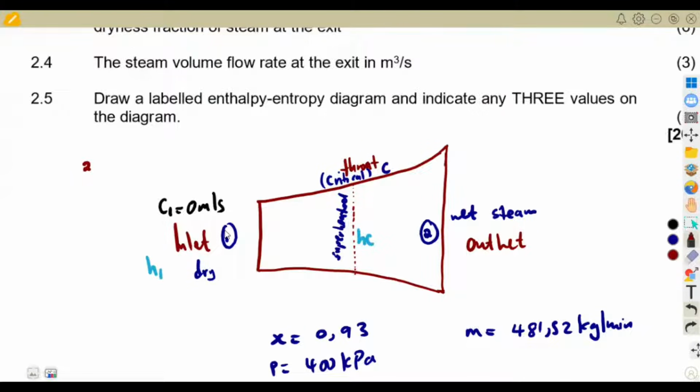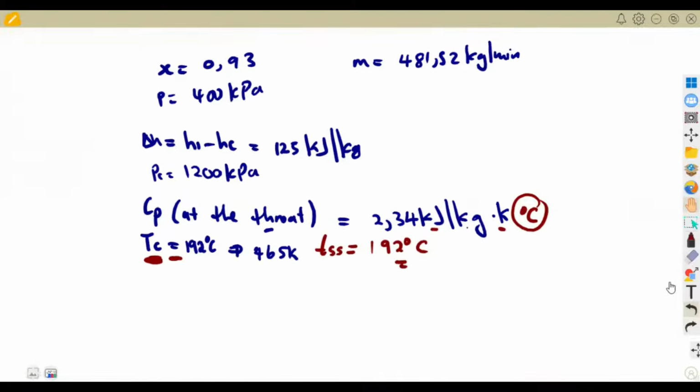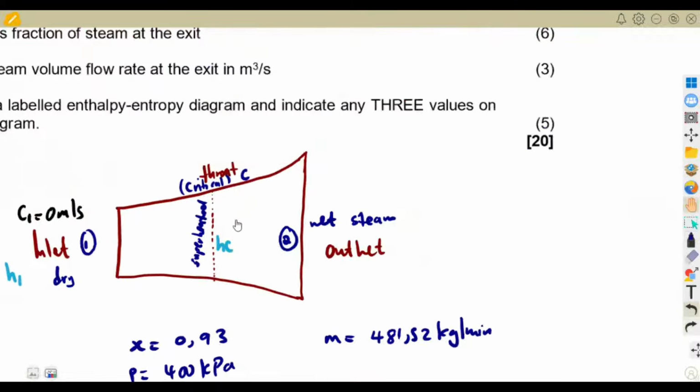I just hope we are together, guys. The efficiency is affecting the divergent part. That is the one that we're given. So this efficiency is not for stage 1 to 2, but for the stage of the divergent, from C to 2, from the critical point up to the outlet.